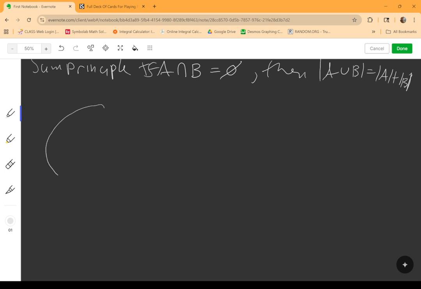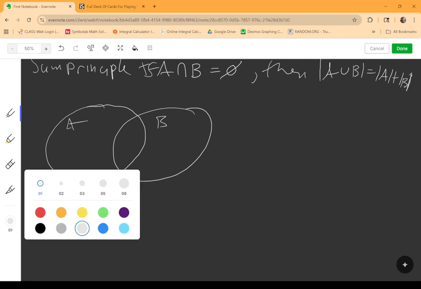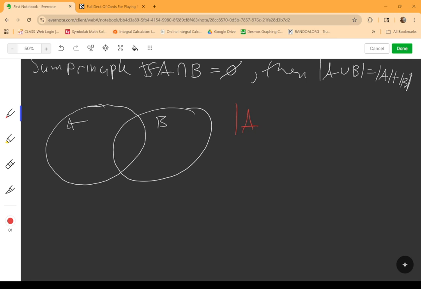So let's say that we had a set A and a set B. All right, so we have set A, set B. And here we have the cardinality of A intersection with B. All right, and that would be this part right here.